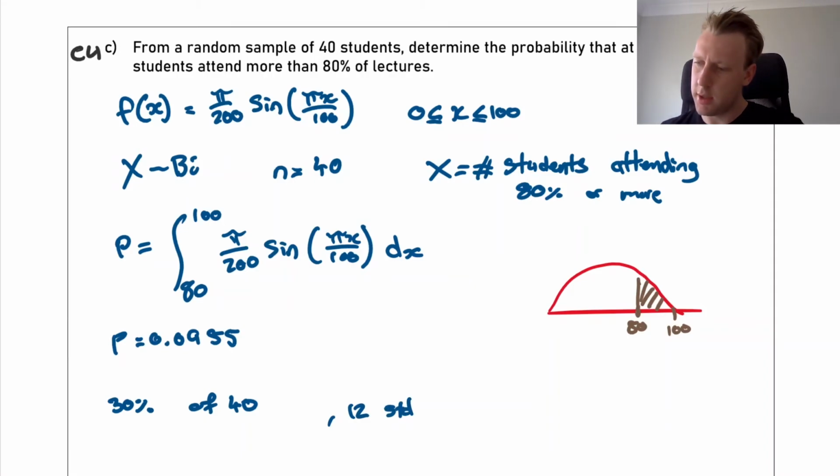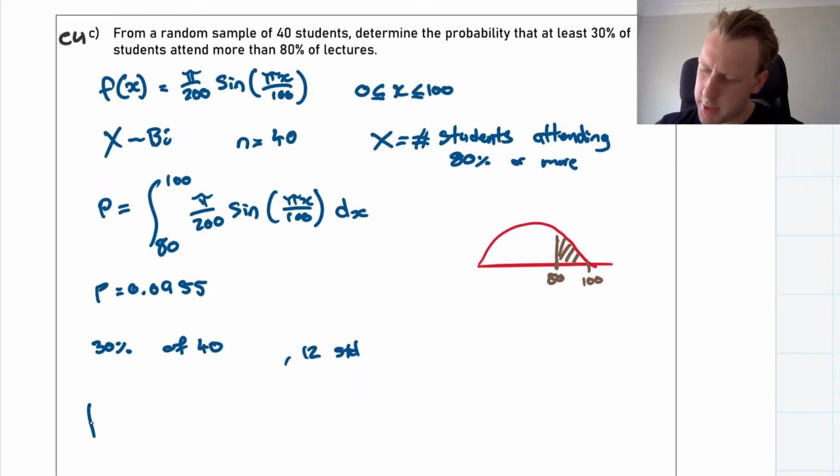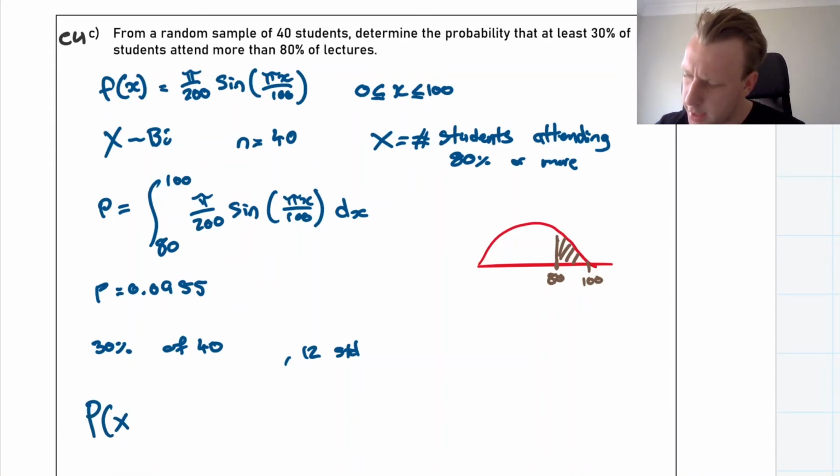Okay, and 30% of students, well, 30% of 40, let's just work that out, 40 times 0.3 is 12 students. Okay, so let's write this as a probability.